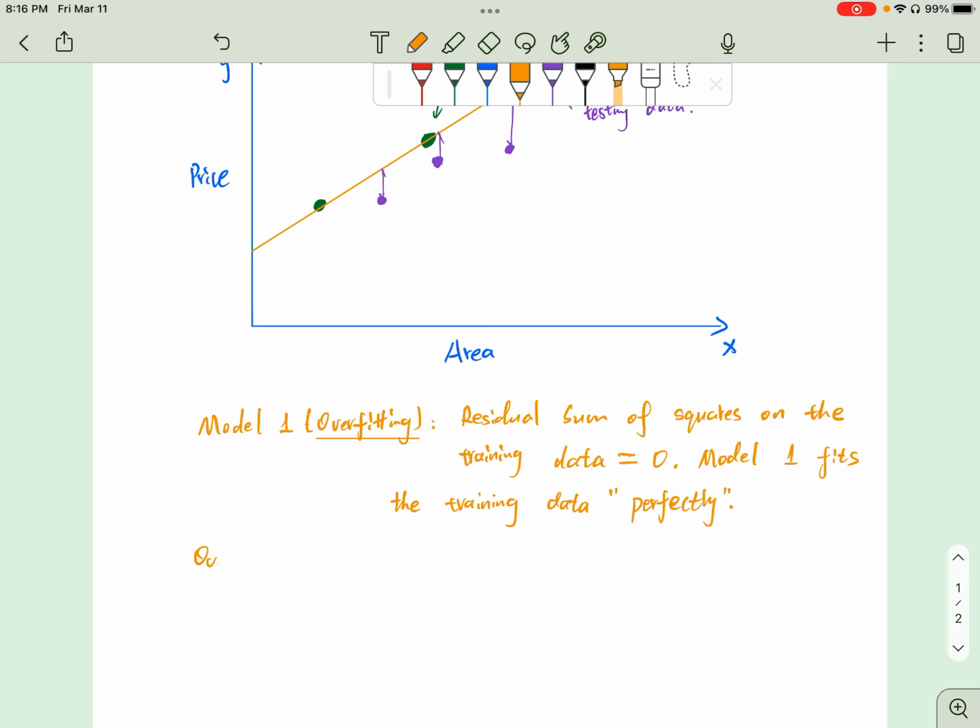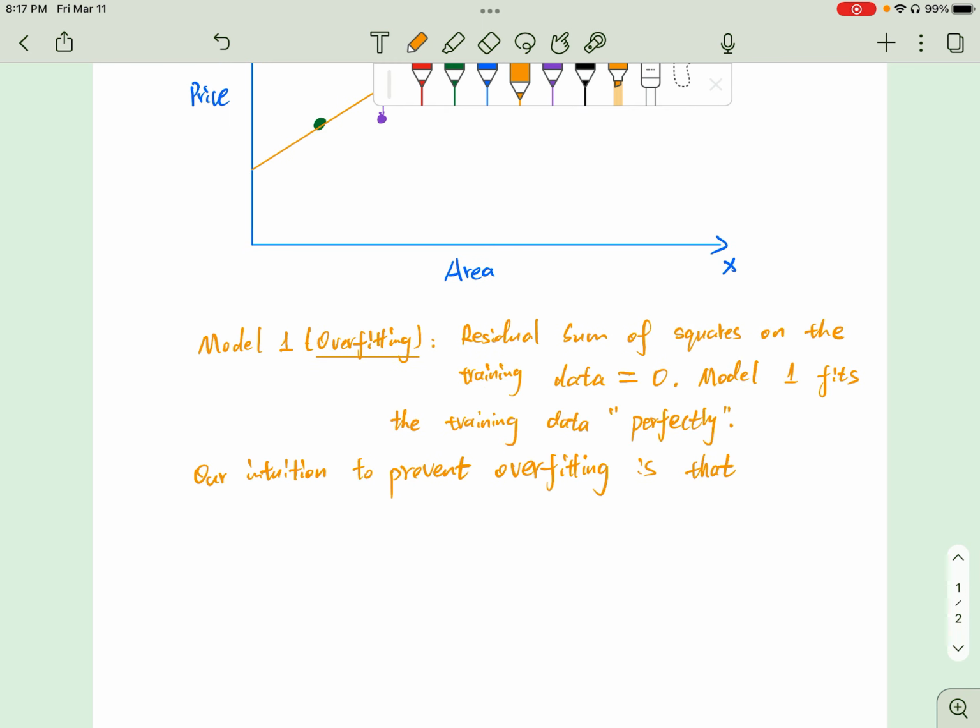So our intuition here, to prevent overfitting, is that we don't want this model to fit the training sample so well.